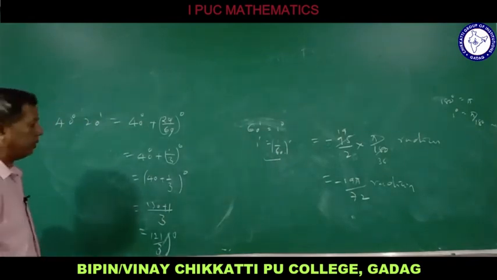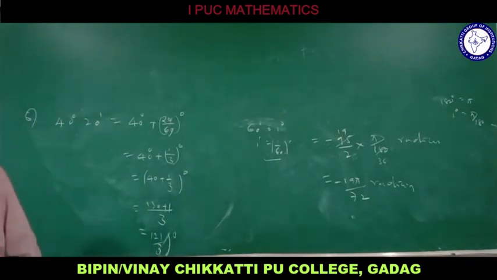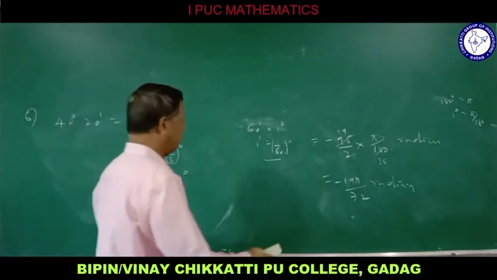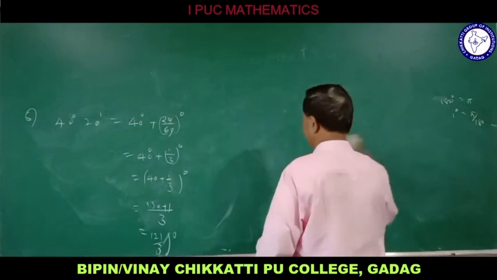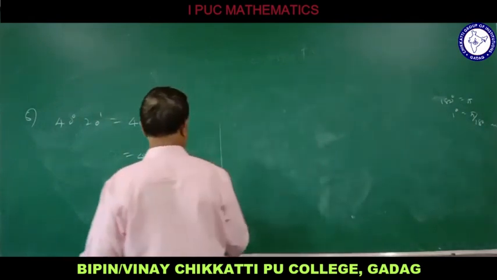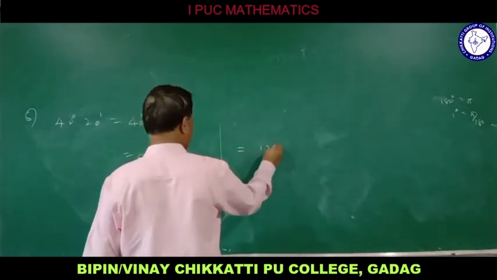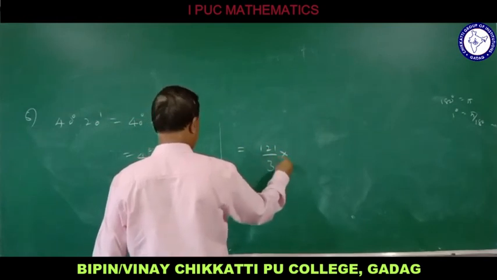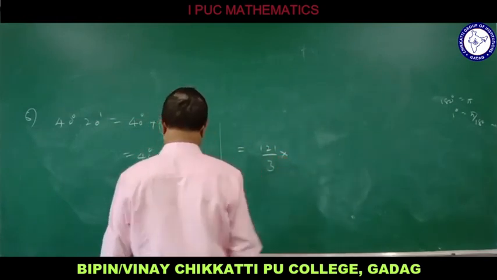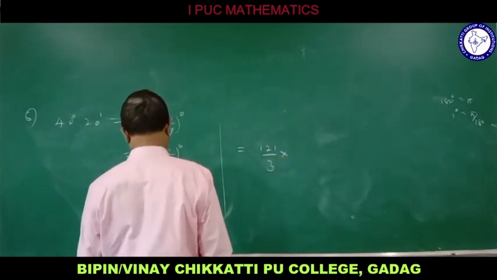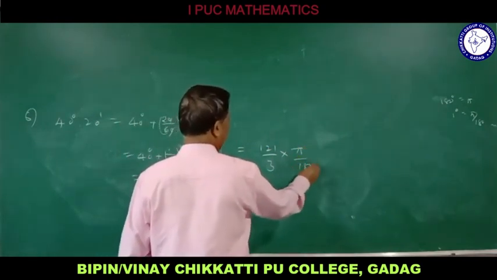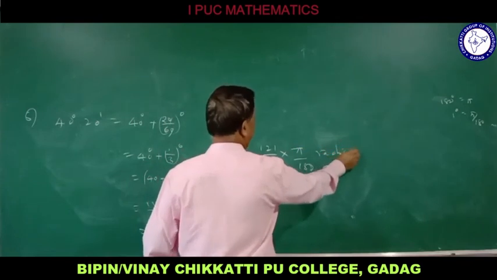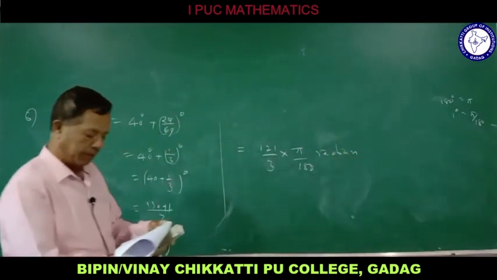Now we have to convert into what? Radian. What should be multiplied here? You have to multiply it by pi by 180. So what comes now? You see, this is equal to 121 by 3 into, you have to see that degree, pi by 180, this is radian.